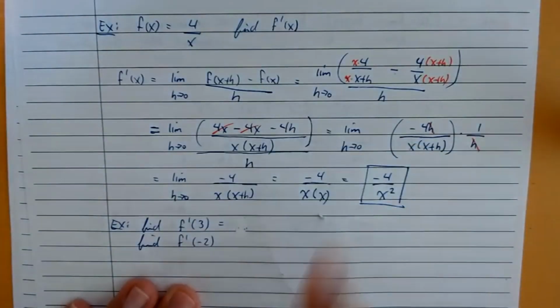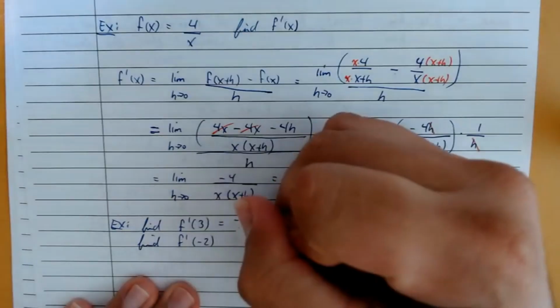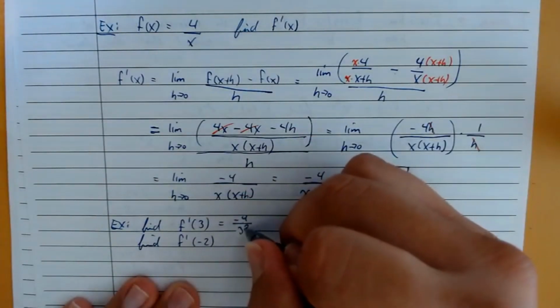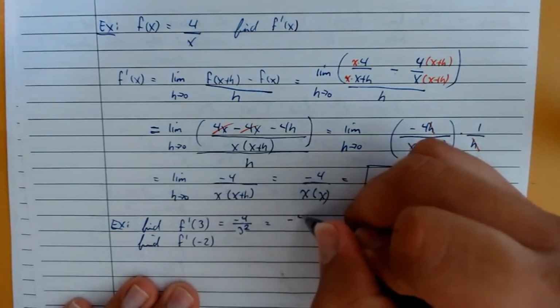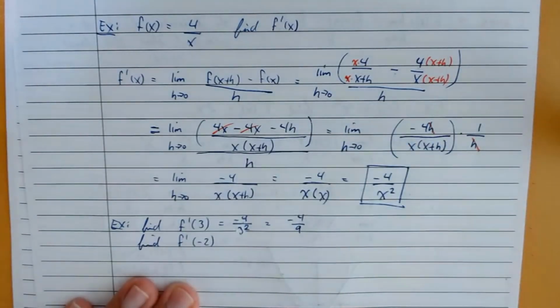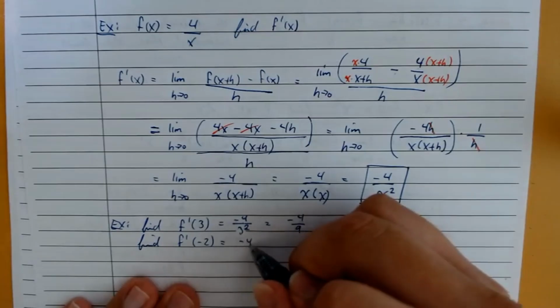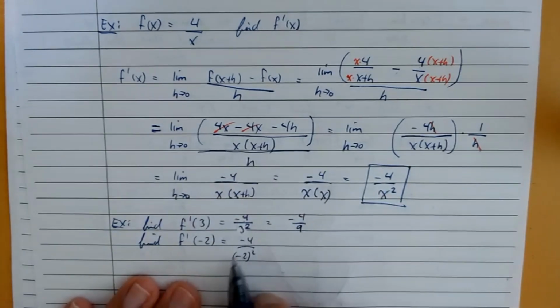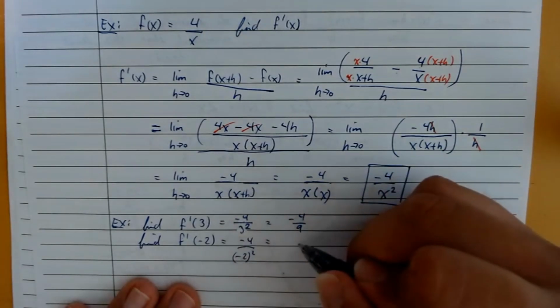So f prime at 3 is going to be negative 4 over 3 squared, which is negative 4 over 9. If we want to find f prime at negative 2, that's going to be negative 4 over negative 2 squared. Now, you're squaring the negative, so that makes it a positive. So that's negative 4 over positive 4, or in other words, negative 1.